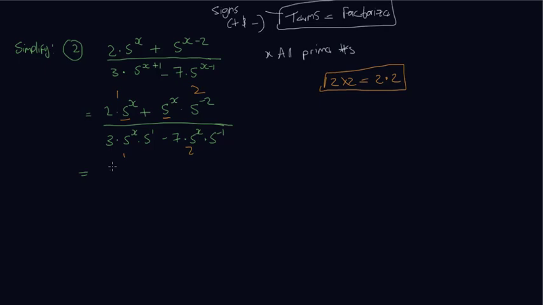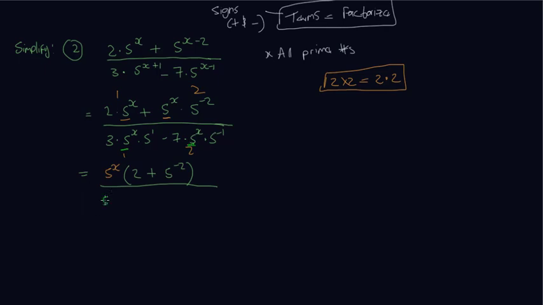Up here we take our common factor, 5 to the x. So if we take 5 to the x from term 1, we are left with 2, and then plus, if we take 5 to the x from term 2, we are left with 5 to the minus 2. And then looking at the terms below in our denominator, we see that 5 to the x is common here too, and here 5 to the x is common.